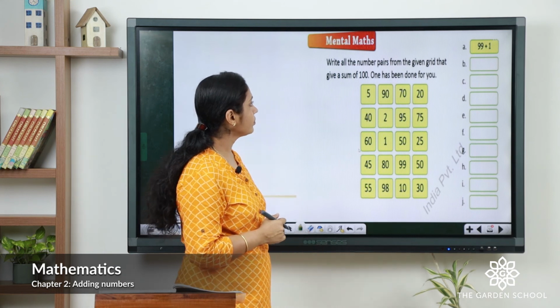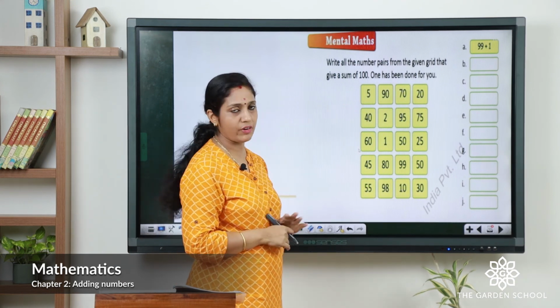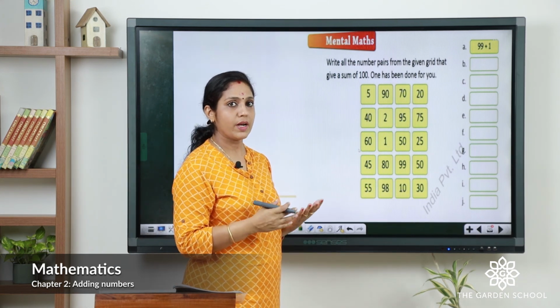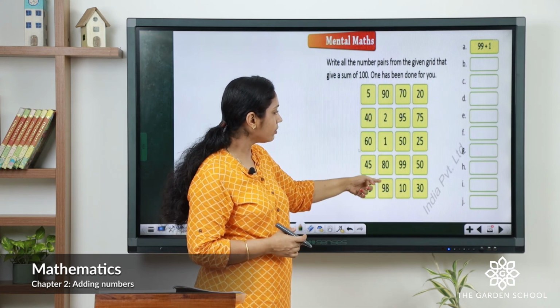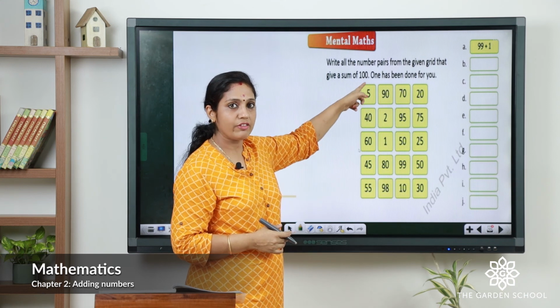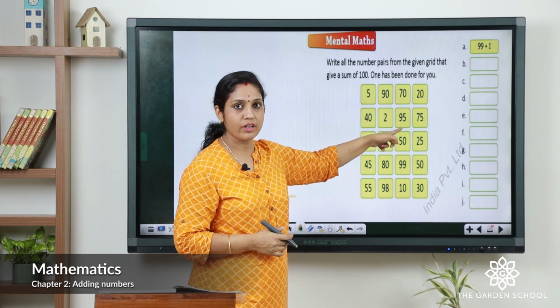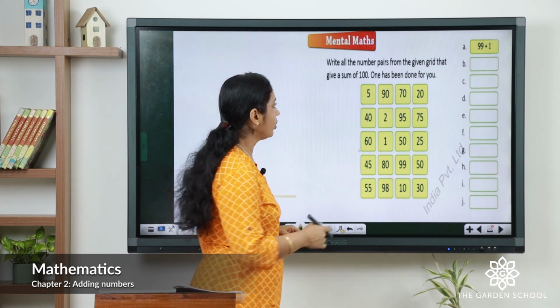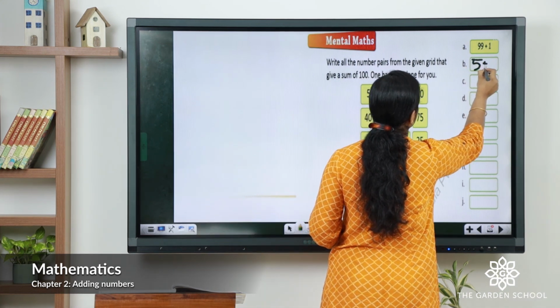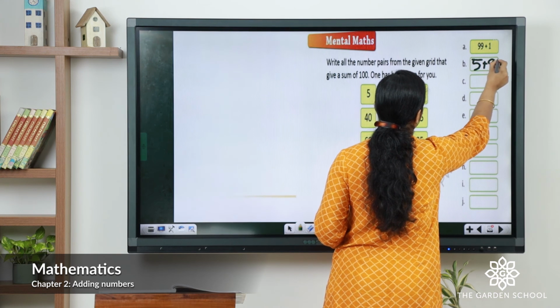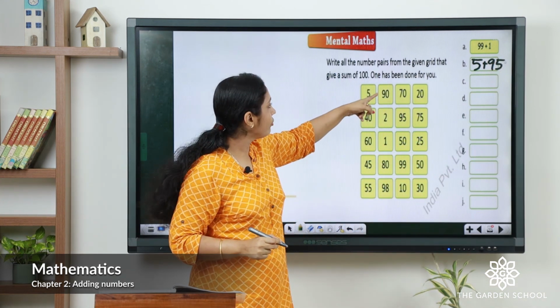numbers like that. So, let us take the first number 5. 5 plus dash gives 100. You can take from these numbers. So, 5 plus 95 is 100. So, you can write it down there. Now, we have 90.